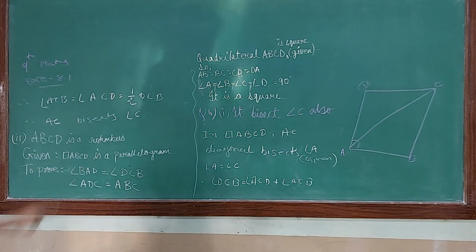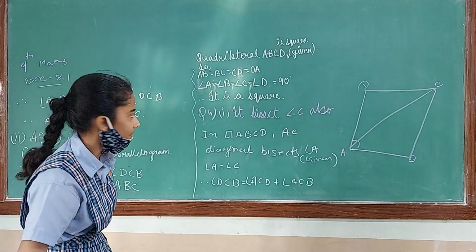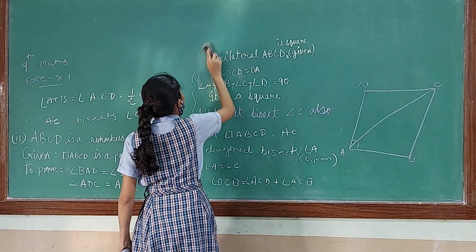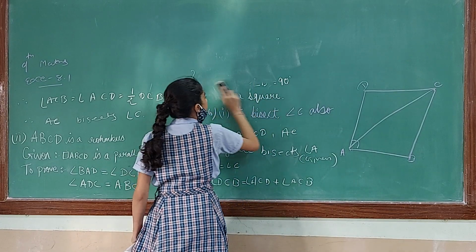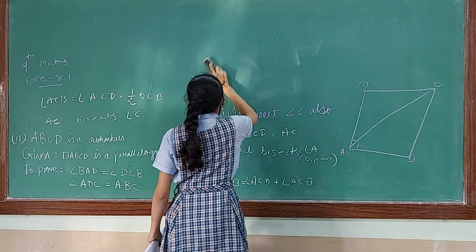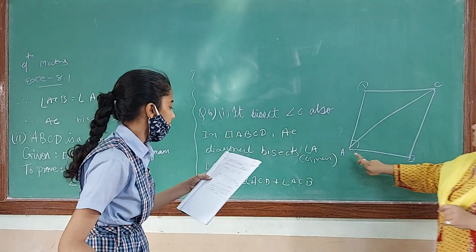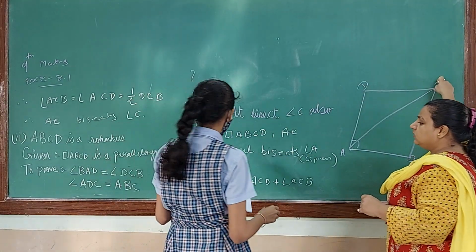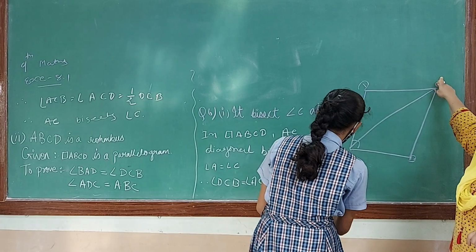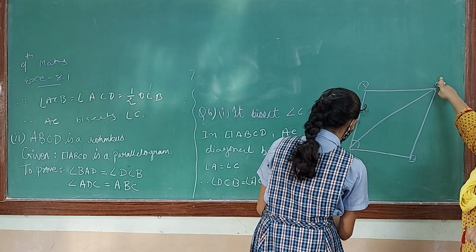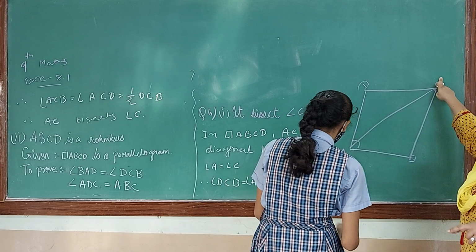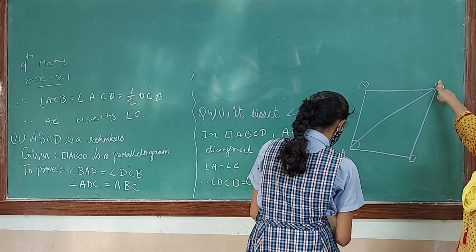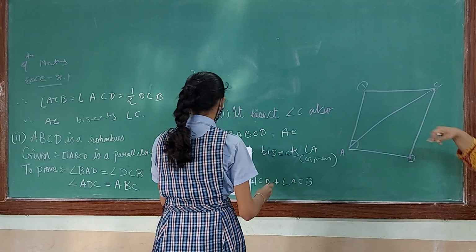Okay. Then angle ABC equals, both are alternate angles and side BD is common. So this is congruent by ASA.